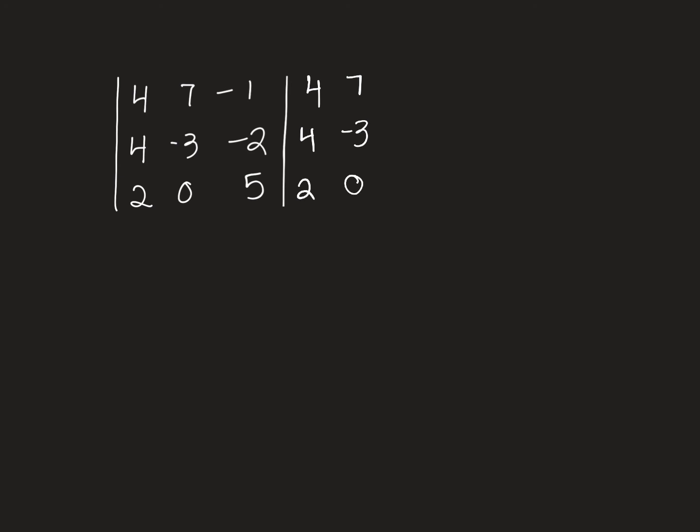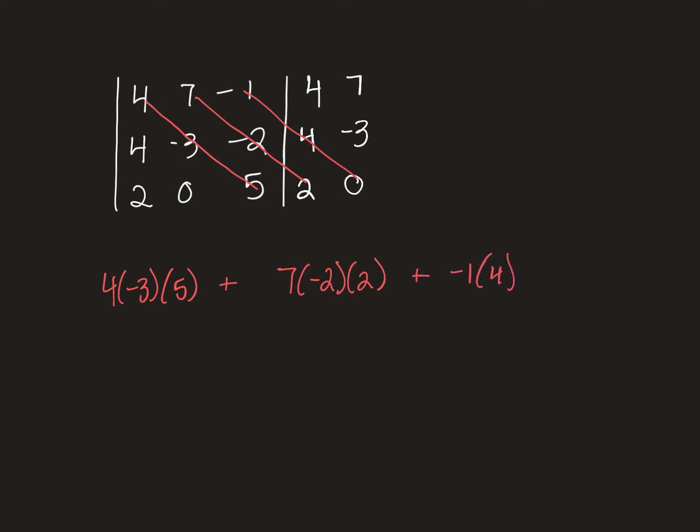Then I'm going to multiply down the diagonals. So 4 times -3 times 5, plus 7 times -2 times 2, plus -1 times 4 times 0. All of those going in the same direction, we're going to add.